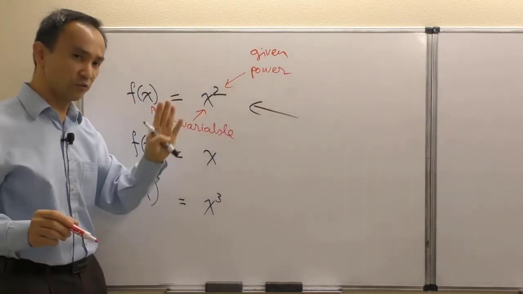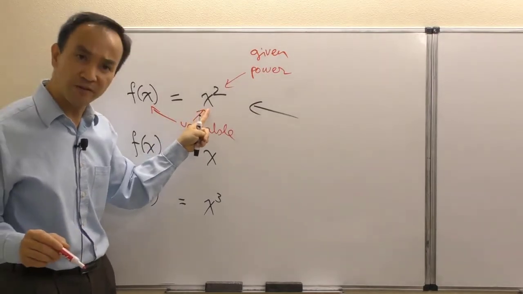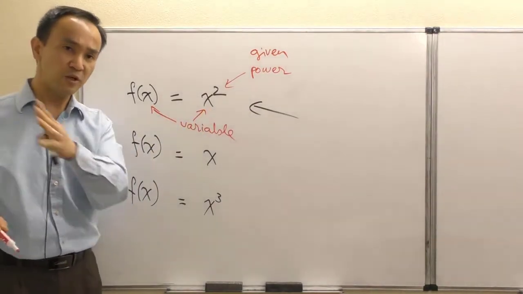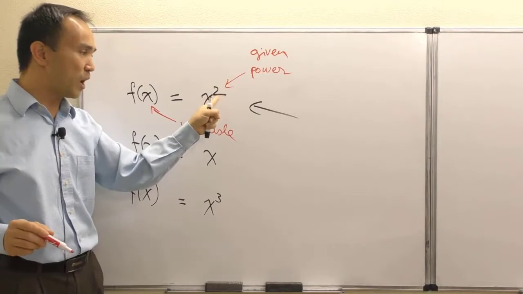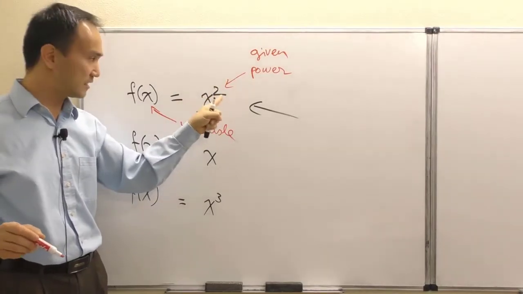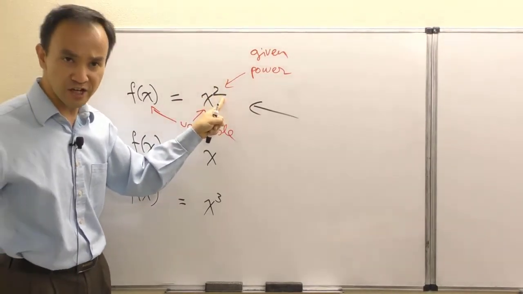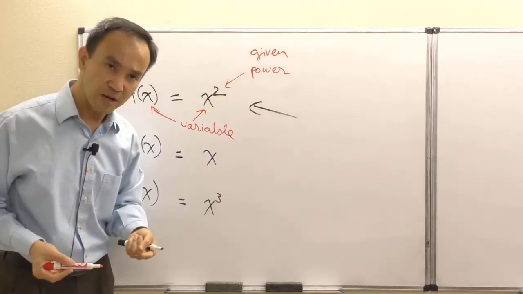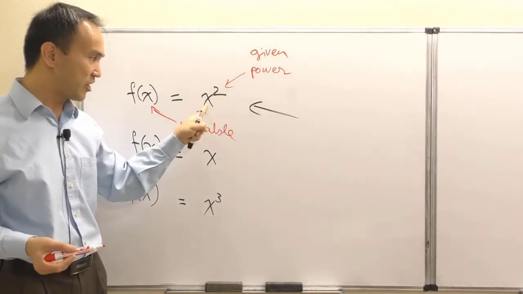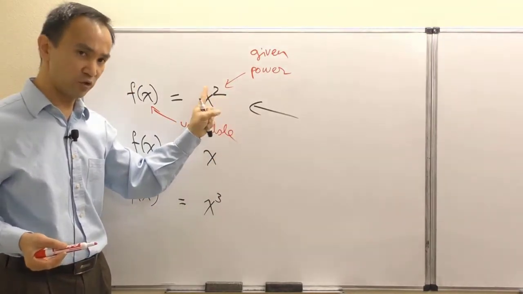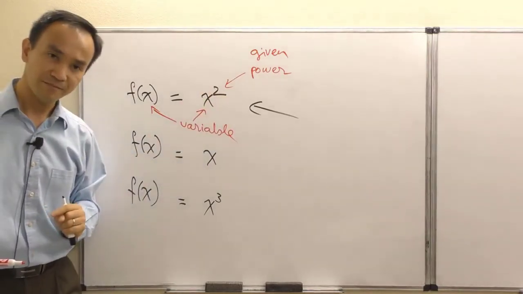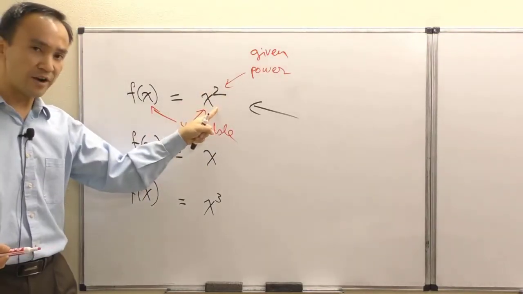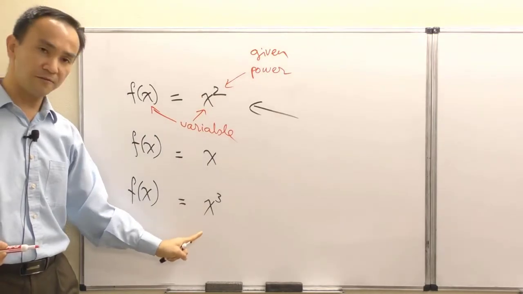But again, the rule of the function says we can change to different inputs, from inputs to inputs. But once we have that rule given, this power stays the same. It's not going to change when we're giving a different input. So the inputs can be changed, but this power stays as the rule of the function. Now we already recognize that similarity with this function down here.